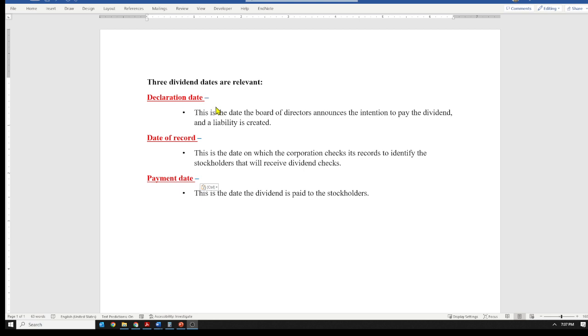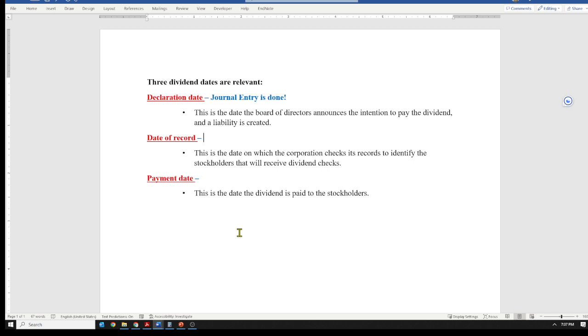Since a liability is created, the accountant is going to make a journal entry. We'll write that down here so we know a journal entry is done. Then the date of record is the date on which the corporation checks its records to identify the stockholders and how many shares they own.